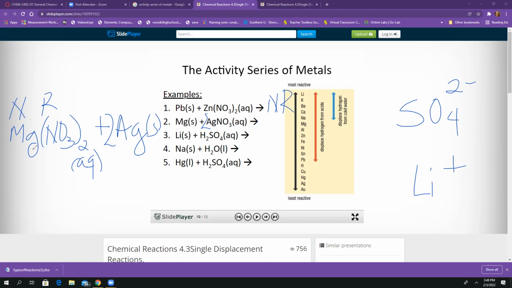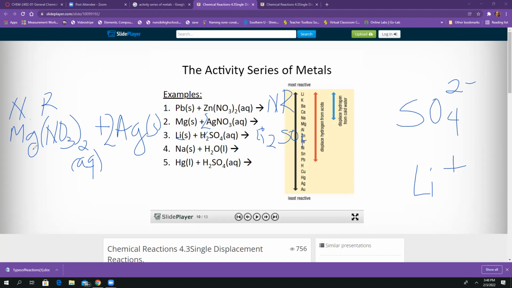So you have to remember your ions and how you cross them, right? So when you remove that one, right, this one has to take its place, this lithium, okay? So we're removing the hydrogen from here, right? So this lithium's got to come in. Lithium's a 1, and SO4 is a 2, so it's lithium 2 SO4.